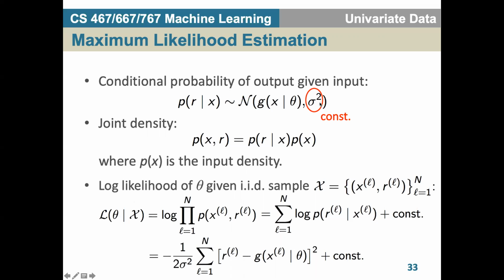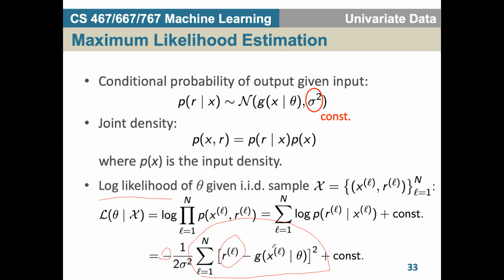So here, remember, we assume white noise has the same variance. So this term is a constant, and this is also constant. Put simply, the likelihood we want to maximize is really just the negative of the summation of this term. Let's observe this term a little bit. This is the true value for regression.